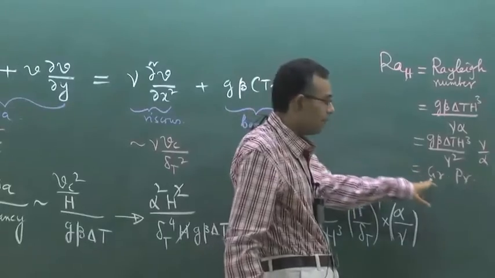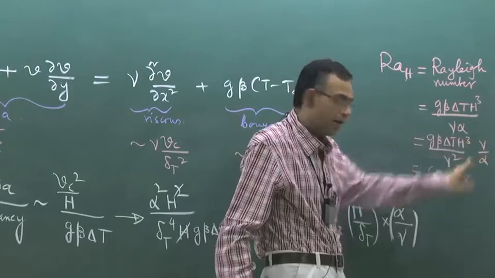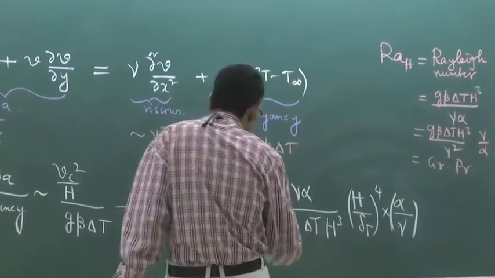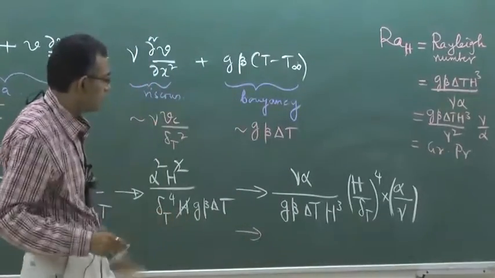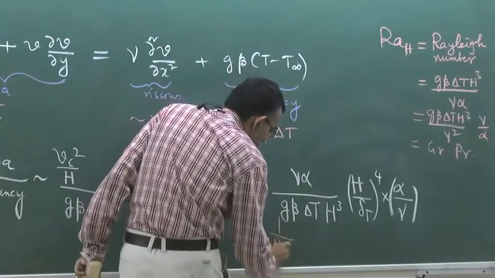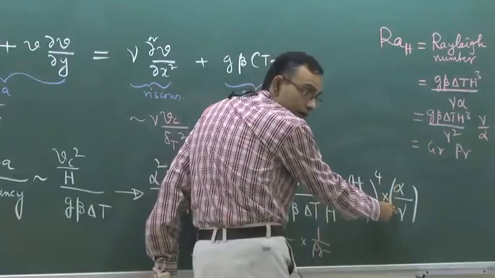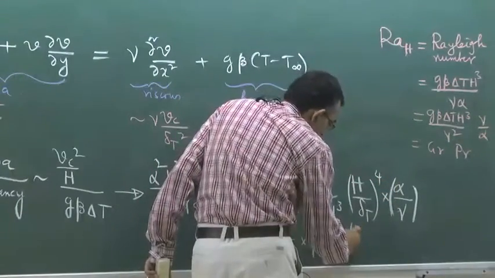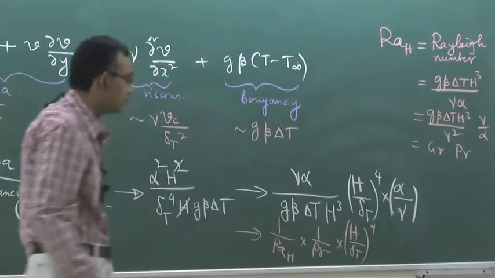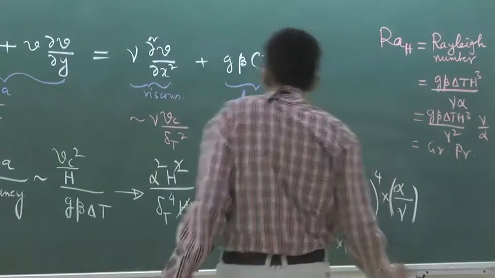Okay, so Rayleigh number is, again you can see this is Grashof number into Prandtl number. So this, anyway this we can write g beta delta t h cube by nu alpha, so 1 by Rayleigh number into 1 by Prandtl number, this is 1 by Prandtl number into h by delta t to the power 4, right. So this is inertia by buoyancy. Let us calculate viscous by buoyancy.